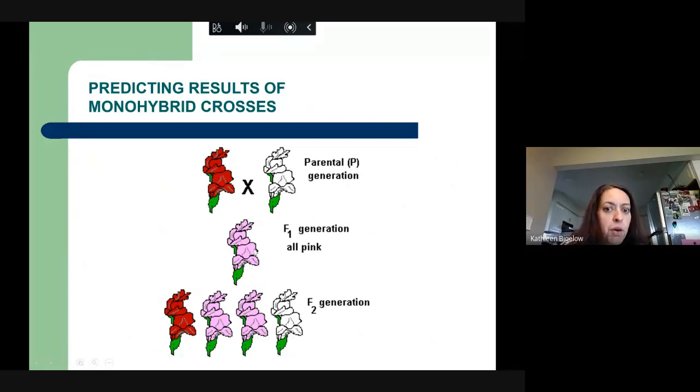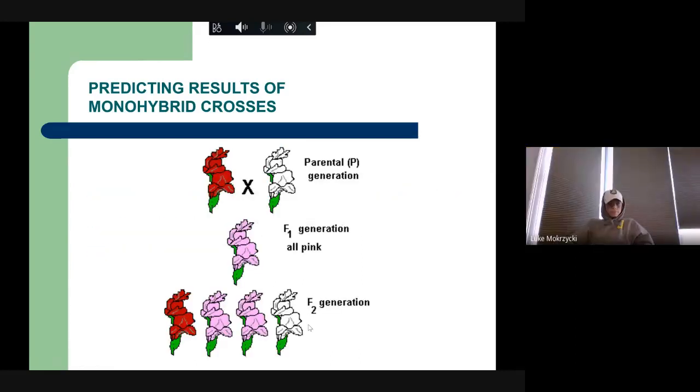So 1 dominant, 1 recessive, that would give you pink. If you were to breed 2 pink plants together, then this would be what you call your F2 generation, that next generation. And that would give you 1 homozygous dominant, 2 heterozygous, and 1 homozygous recessive. Does that make sense? Yeah. Okay.